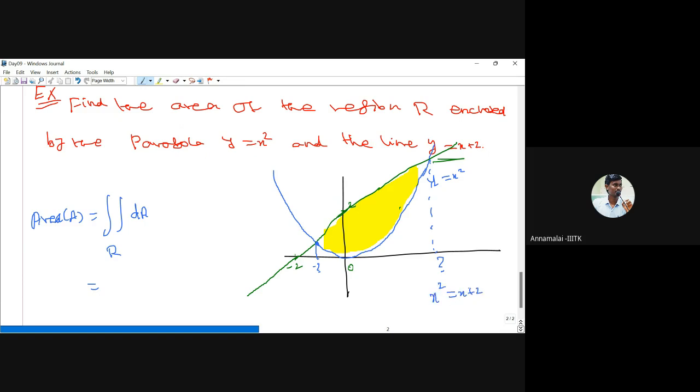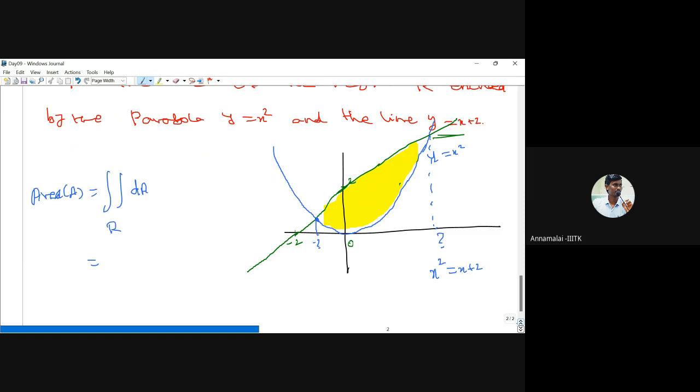You got to solve this equation, because both are y. I think x equal to 2 will satisfy, because substituting x equal to 2, the left side is 4 and the right side is 2 plus 2, 4. So this point of intersection has x as 2. If x is 2, y is 4. Therefore, this is 2 comma 4. Anyway, the upper limit for x is 2.